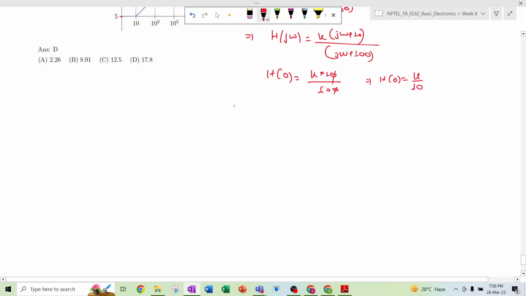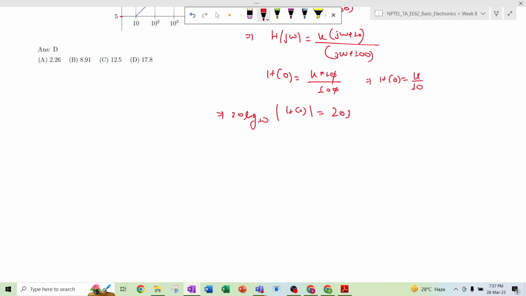Okay, so if we take log on both sides, 20 log 10 of mod of H(0) is equal to 20 log 10 of k by 10.